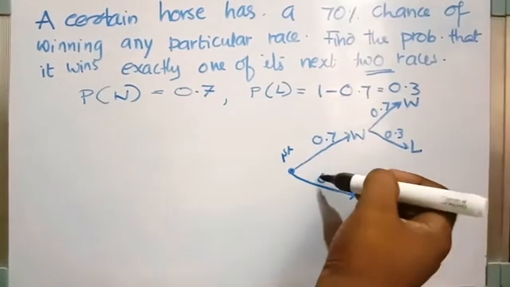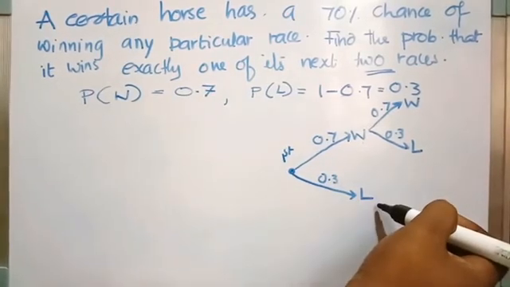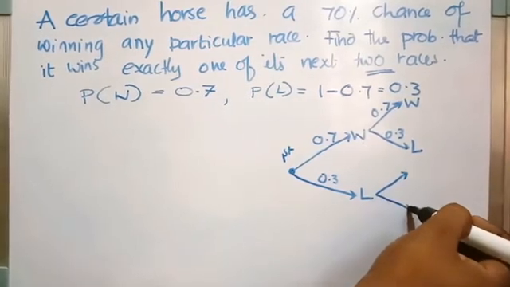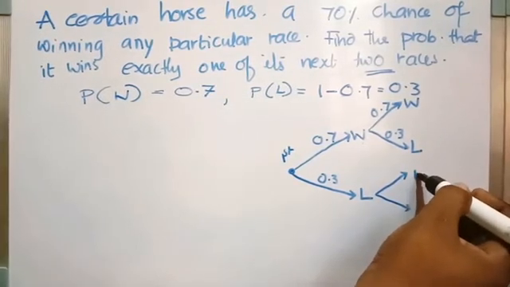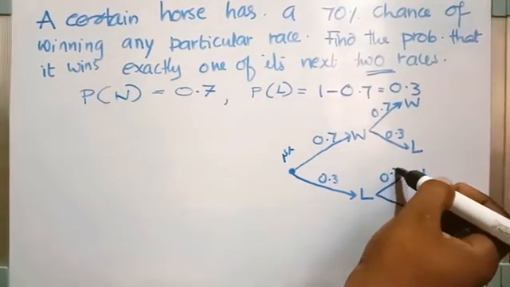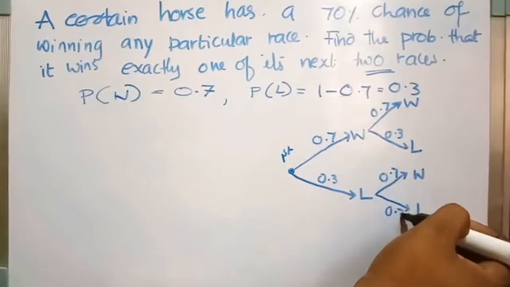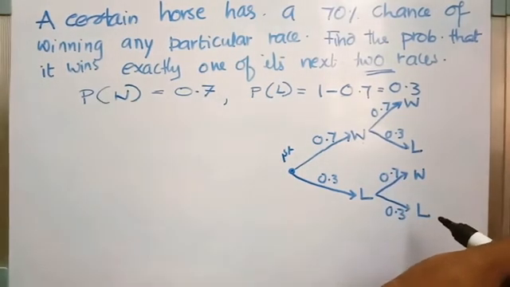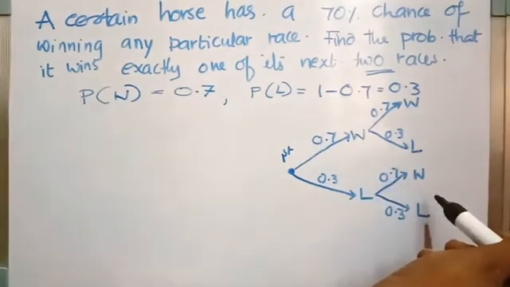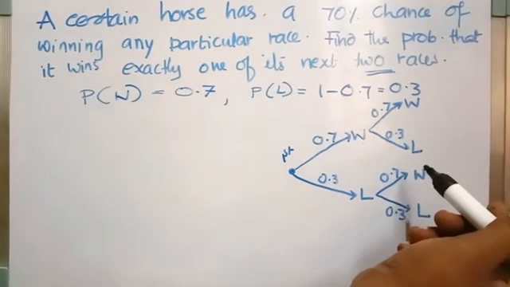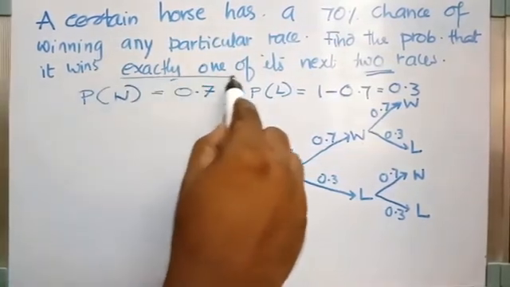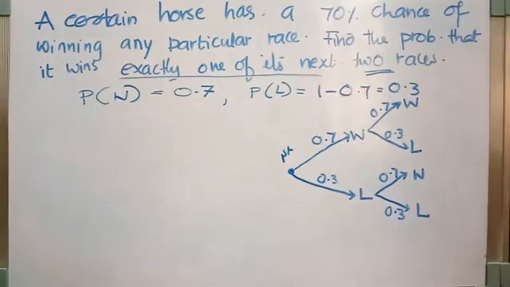Similarly, if it lost the first race and goes to the second race, it also has 2 chances: either to win or lose with probability 0.7 and 0.3 respectively. So we got the proper tree diagram. Now let's see the question. Our question is, it wins exactly one of its next 2 races.